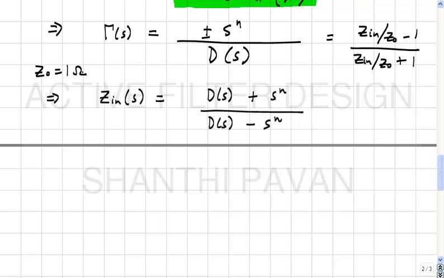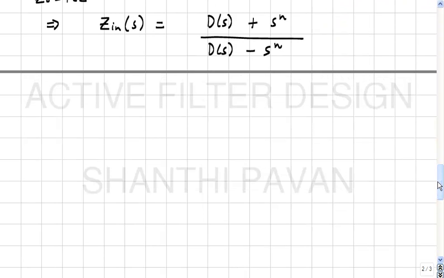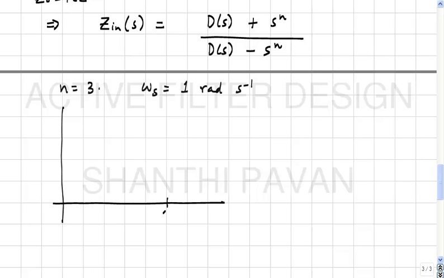Is this clear? Okay. Now, rather than deal with n, let's deal with a specific example. I will choose n equal to 3. I will choose an inverse Chebyshev filter with omega s, the stop band edge, being 1 radian per second as usual, and I will choose the stop band attenuation to be, say, minus 40 dB.